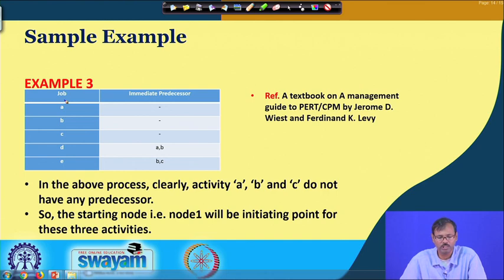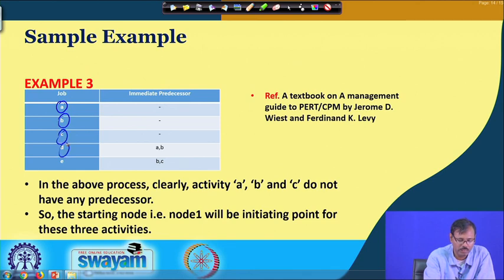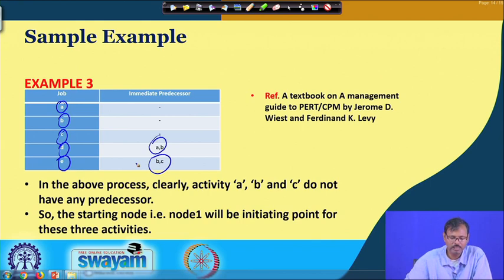So, that is why we are not naming which activity it is. So, now let us consider A, B, C, D, E jobs, among which A, B, C are all starting jobs and may be started from the starting node, and D and E have the predecessors of A and B, and C respectively.